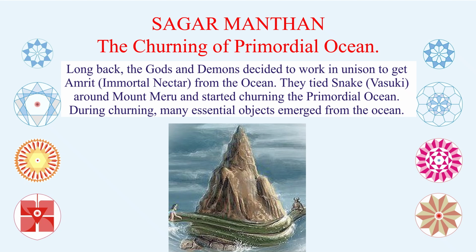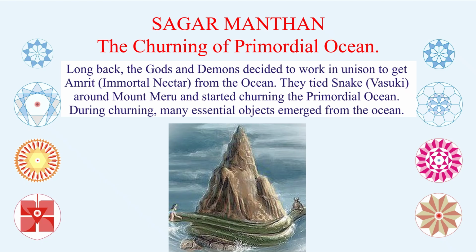Aditi's children as well as Diti's children, both put together working for Amrit, Amrit and Amrit only. They tied a snake called Vasuki around Mount Meru in the ocean, which was supported by Kurma avatar, and started churning the primordial ocean. I think that is a beautiful story. Matsya to Kurma. Last time I talked about Matsya, now we talk of Kurma.